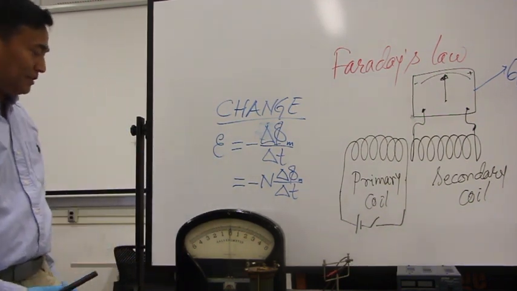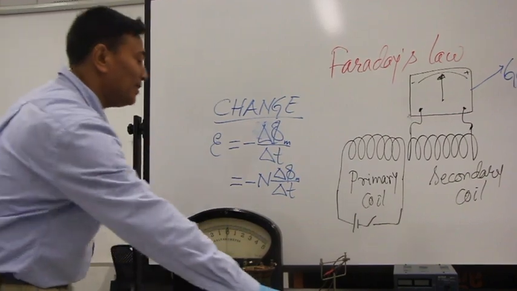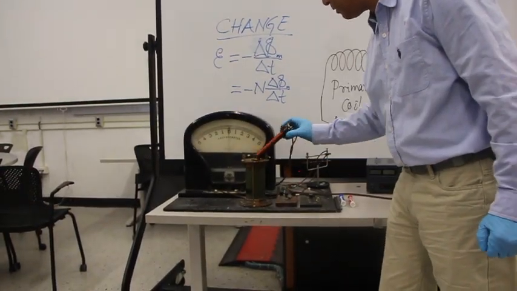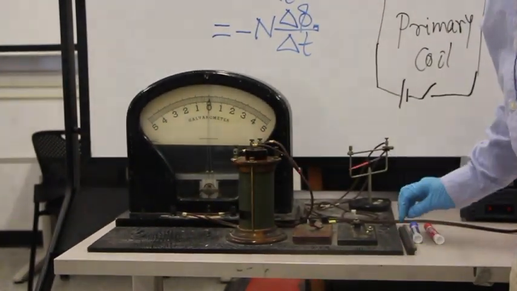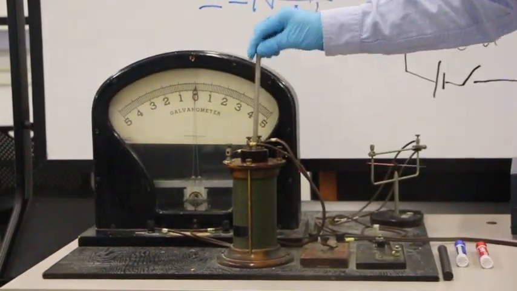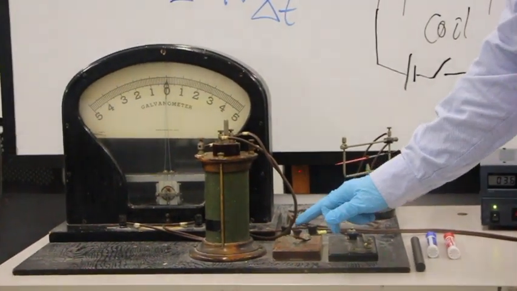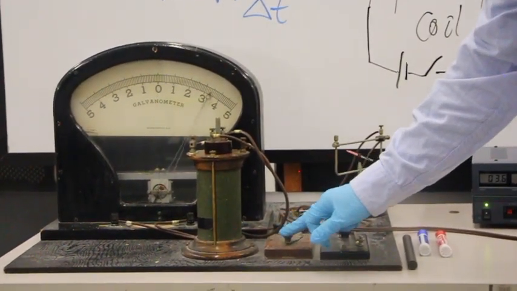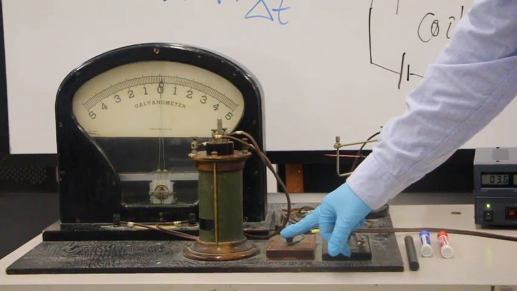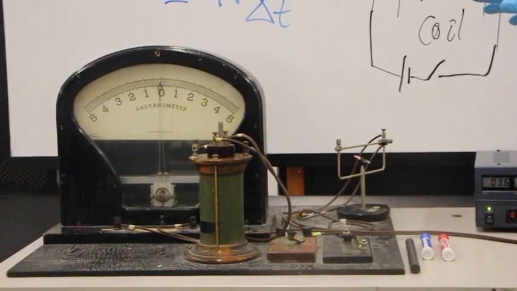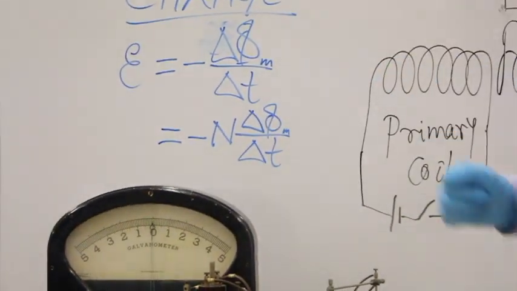It is voltage. So when I have a current in the primary coil and turn the battery on, and I set the current, there is an induced EMF. There is current in the secondary coil. So does it make sense with Faraday's law?